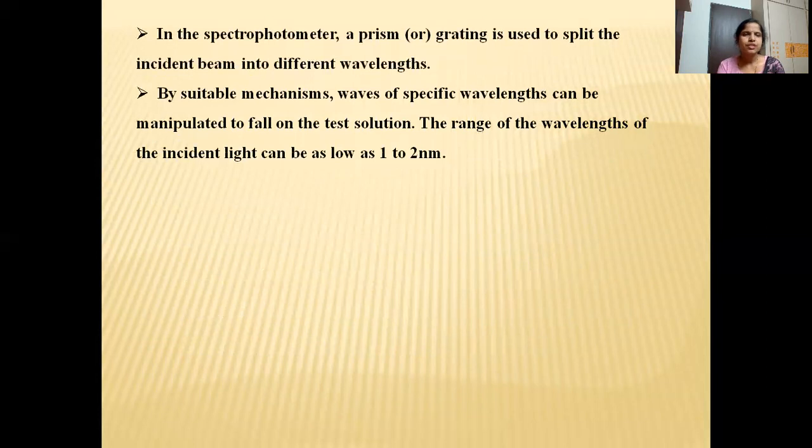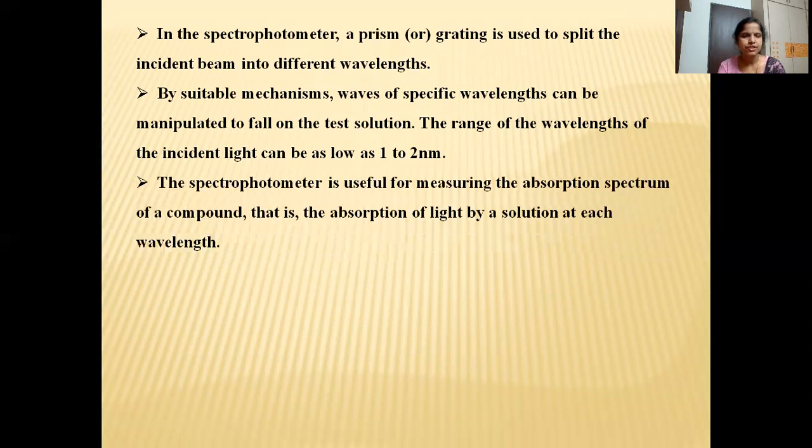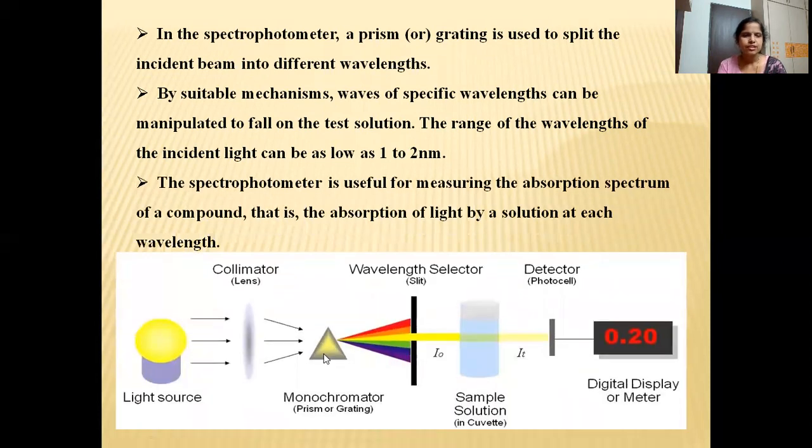In a spectrophotometer, a prism or grating is used to split the incident beam into different wavelengths, which range from 1 to 2 nanometers, and they are passed into the solution present in the cuvette. The transmitted light is detected by the photocells and displayed on the spectrophotometer.